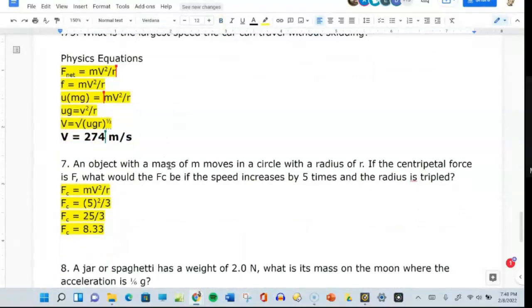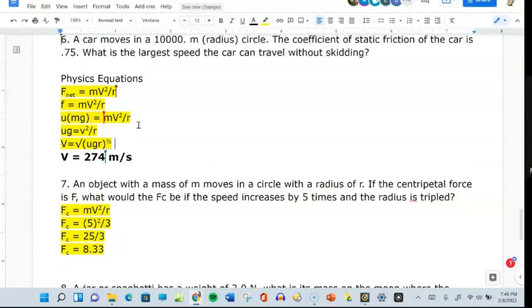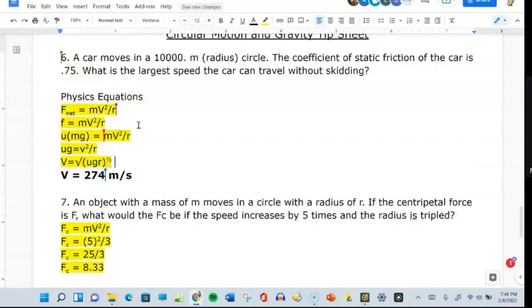You follow that? So when you're going in a circle in a car or on a bicycle or running, your centripetal force is provided by the friction. And well, you can only go so fast before you lose it. This velocity is actually the maximum velocity you could go.